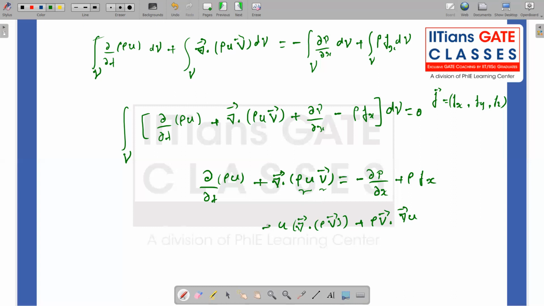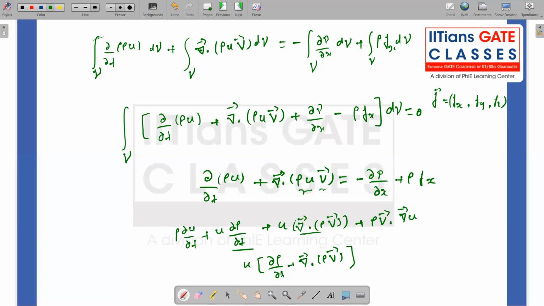And again, I have the term dou by dou t of rho u. If I split that, it becomes rho times dou u by dou t plus u times d rho by dt. If I take u common in this term and this term, that becomes u times d rho by dt plus divergence of rho v. And surprisingly, this is nothing but our continuity equation.